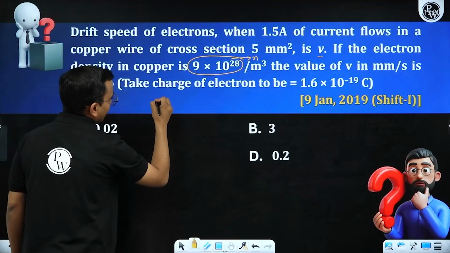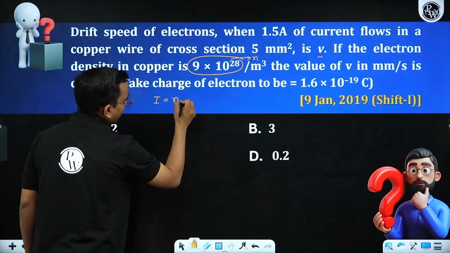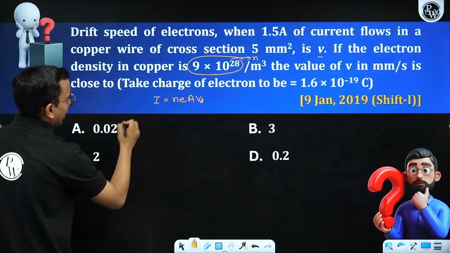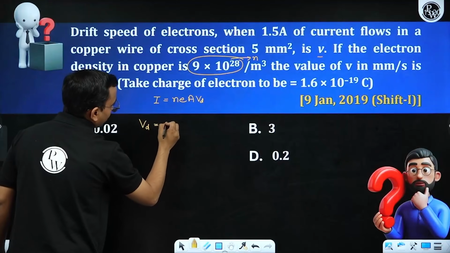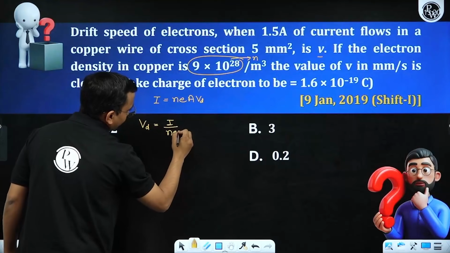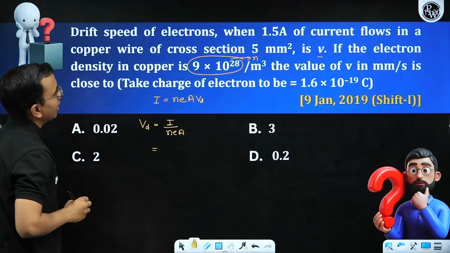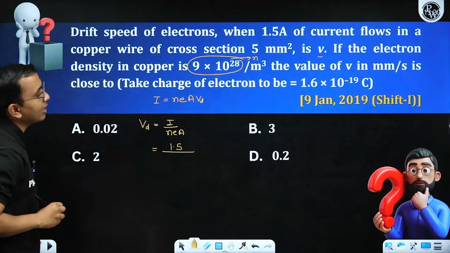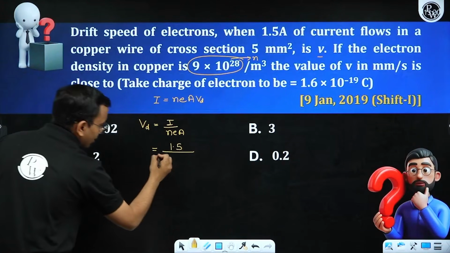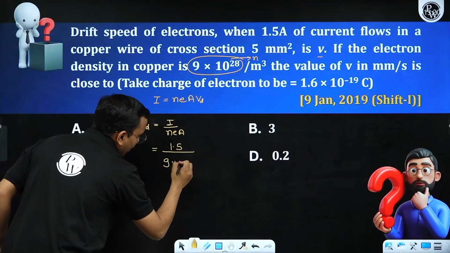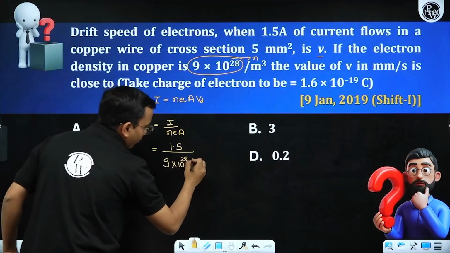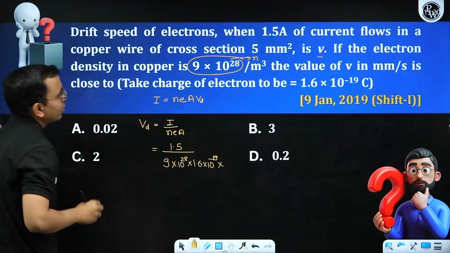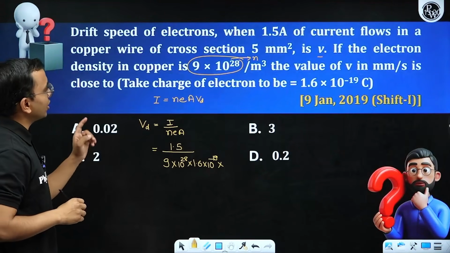So I know I is equal to nEA into V drift. This relation we know. So from here I can say V drift is I by nEA. What is I? I is 1.5. What is n? n is 9 into 10 to the power 28. e is 1.6 into 10 to the power minus 19, into A. A, the cross section, is 5 mm square.